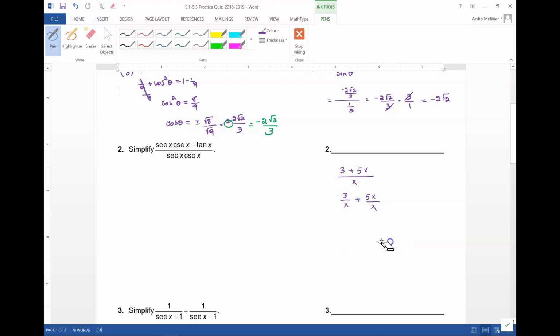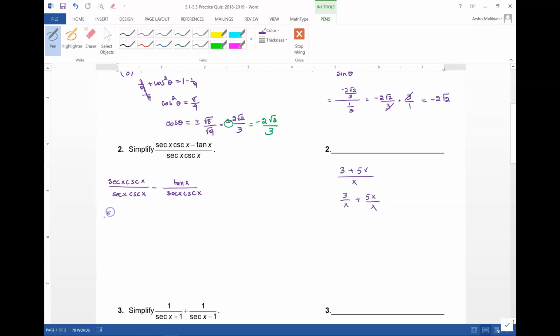Yeah. Let's do that here and see what happens. So secant x cosecant x over secant x cosecant x, oh my, that looks pretty cool, minus tangent x over secant x cosecant x.